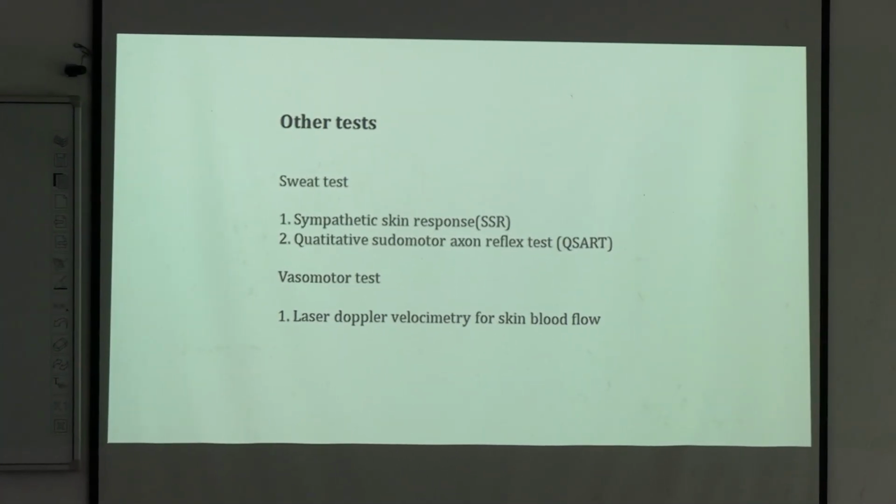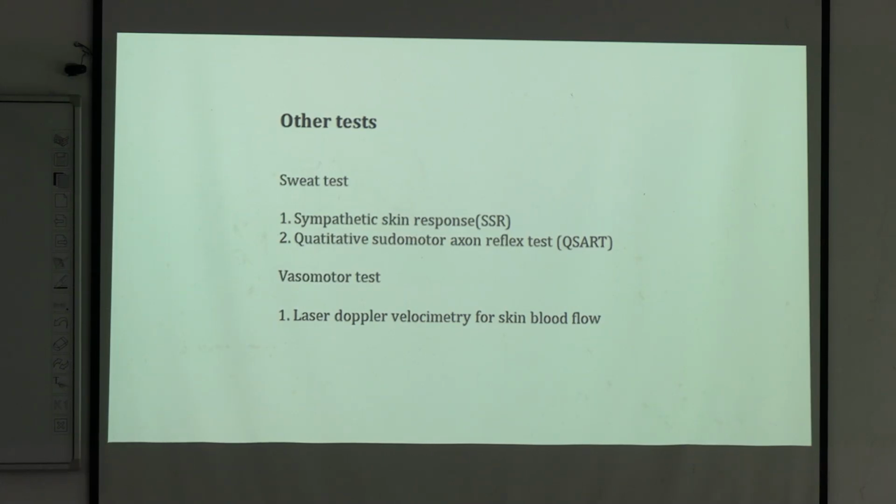These other tests are the sympathetic skin response or SSR, the quantitative sudomotor axon reflex test or QSART, and laser Doppler velocimetry for skin blood flow. For these three tests, we need sophisticated instruments. Just remember the names; the procedure is also not required for your level.